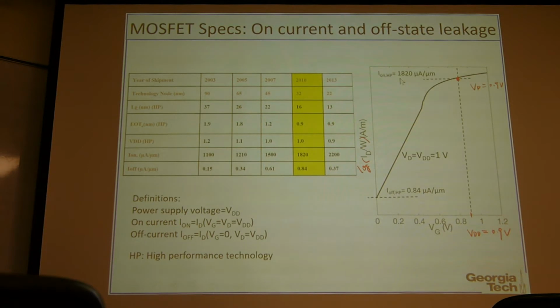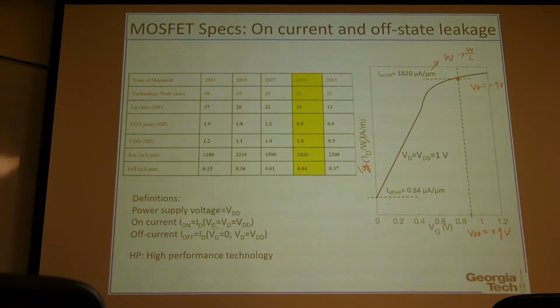In this example, it's 1800 microamp per micrometer. This is normalized to W, the width of the transistor. It's W over L, that's geometry. So if your transistor is 1 micrometer wide, you are going to get the maximum current, 1800 microamp.